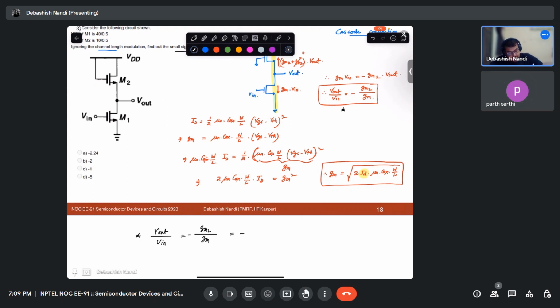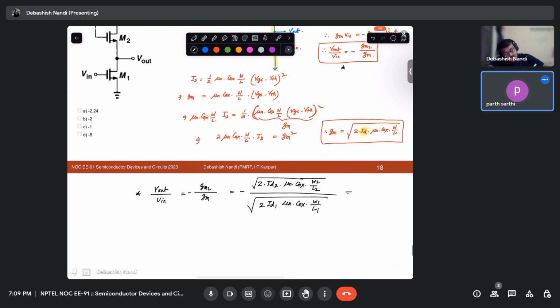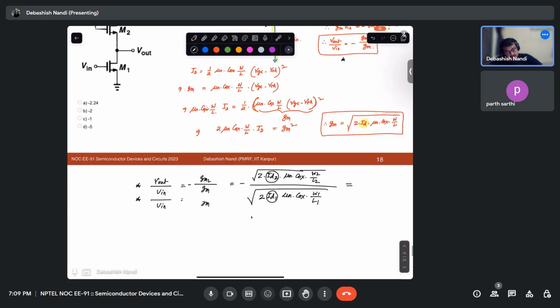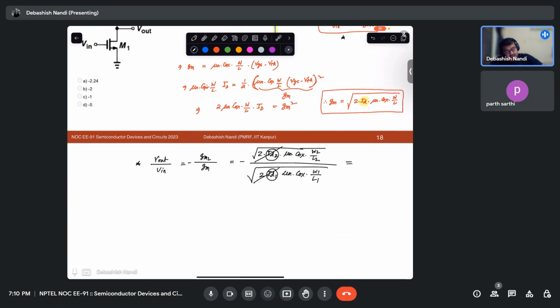So minus of, what is GM2? GM2 would be root over 2 ID2 mu n Cox W2 by L2 over root over 2 ID1 mu n Cox W1 over L1. So now if your ID is constant, which it is because it is a series connection, this term you can cancel.